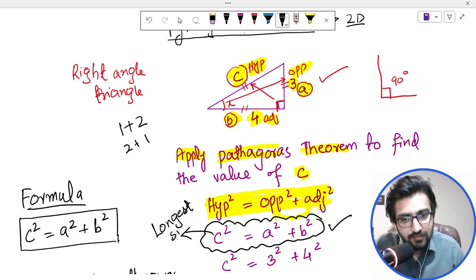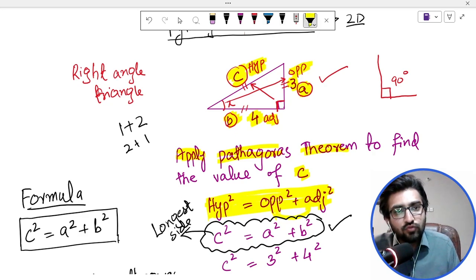Then you can write the other sides that way, like a square plus b square. You can name any of the other sides a, and another side b, right? So c square is equal to a square plus b square. You can see I have written the formula over here.